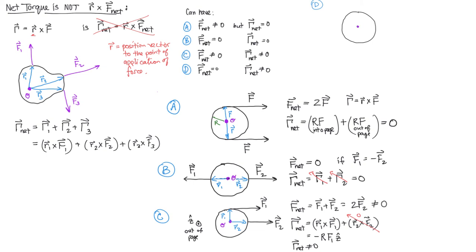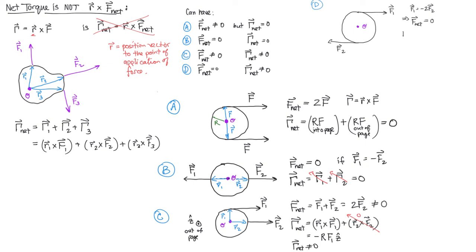We have our disk, and we're going to draw two forces on that disk. I'll draw one up here, F1. I'll draw one down here, F2. Notice both of those forces want to make the disk rotate in the clockwise direction. So they're constructively contributing to the total torque. If F1 is equal and opposite to F2, then we have a net force of 0.